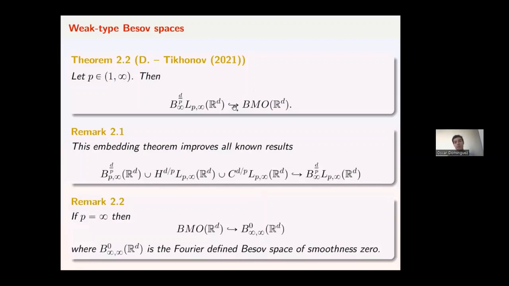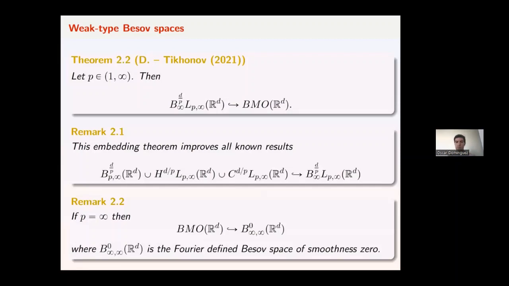And in fact, you get the converse embedding. This is also a well-known embedding if p is equal to infinity. But here, be very careful because you are dealing with the Besov space with smoothness 0 given by the Fourier transform. Because working with smoothness 0 is quite a delicate question, because standard approaches to introduce Besov spaces usually differ when dealing with smoothness 0.